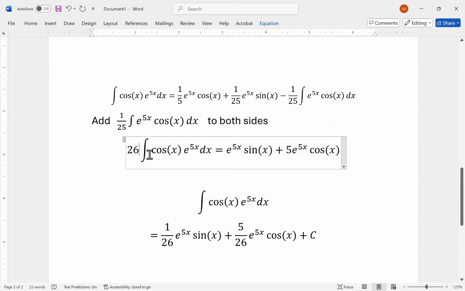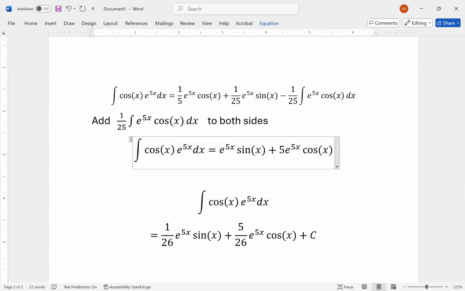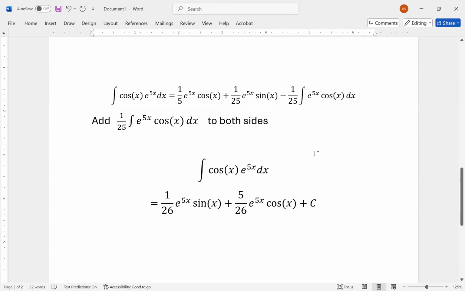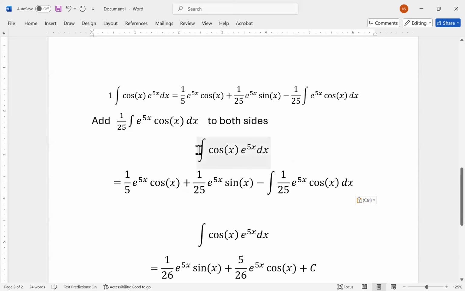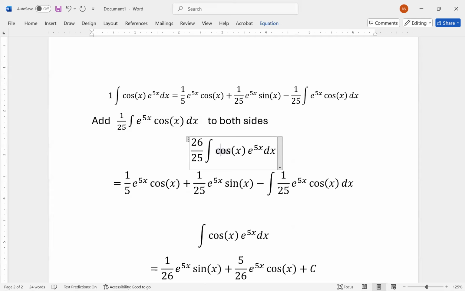Now, be careful about this. When you add 1 over 25 to both sides, on the left-hand side this coefficient is a 1, really. So 1 plus 1 over 25 is 26 over 25. So on the left-hand side we get 26 over 25 times the integration that I want.